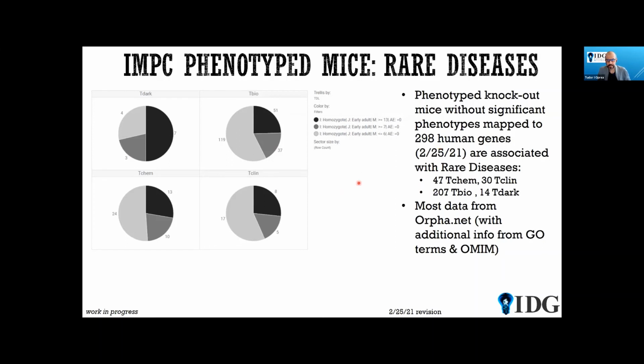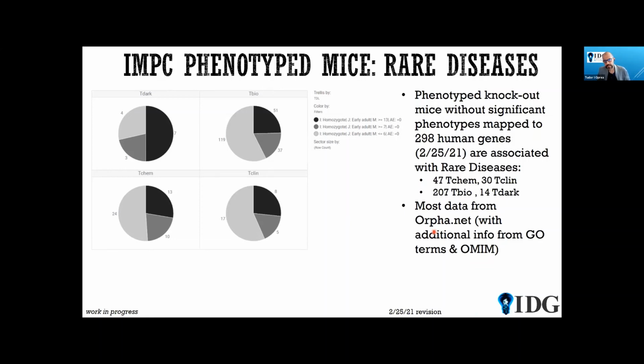And there is another slide, which I'm not showing in the interest of time, which shows that about 40 of these also have diagnostic value and are used in different gene diagnostic panels according to data from Orphanet. So I should have mentioned that all this data comes from Orphanet. So in short, perhaps as much as 20% of these mice models could probably serve as loss of function models that could be associated with human rare diseases.